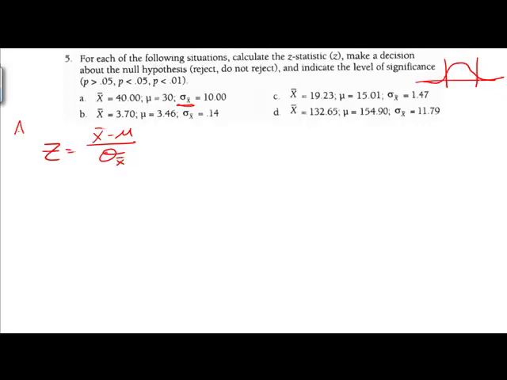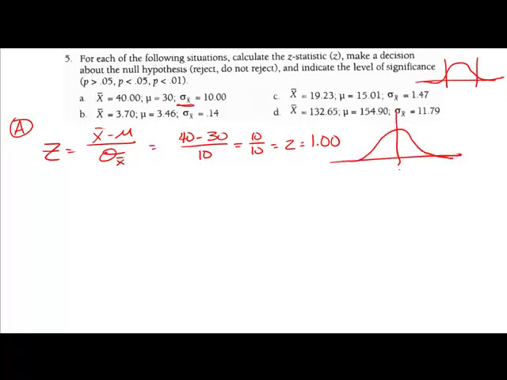So let's do A. 40 minus 30 divided by 10 equals 10 divided by 10 equals a z-score of 1.00.